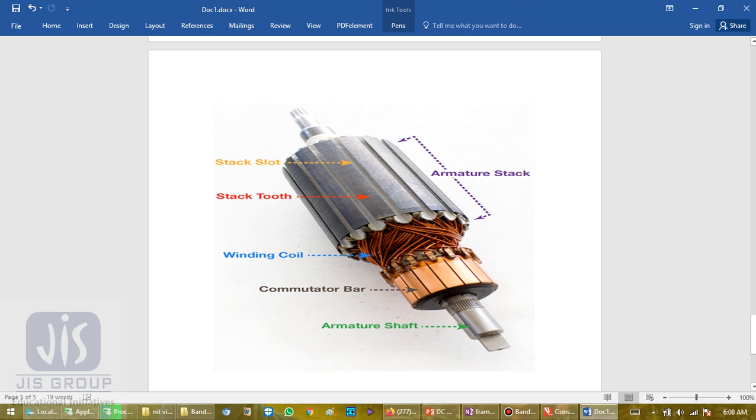These grooves are the slots, and these are the teeth, and around this there is the armature winding. This is the commutator where the rectification is done, and this is the armature shaft. So this is the more detailed structure.